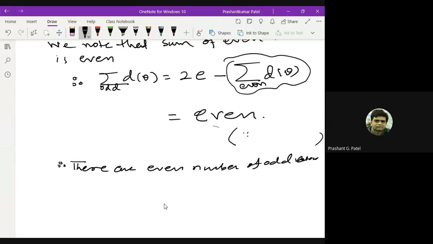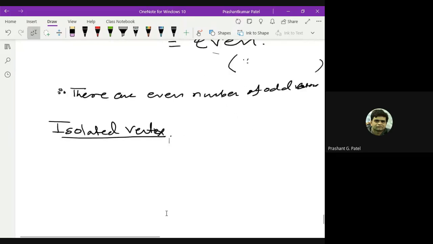The next definition is isolated vertex. What do you mean by an isolated vertex?